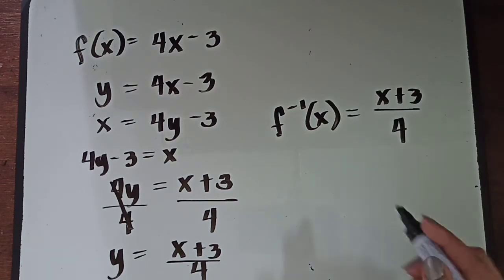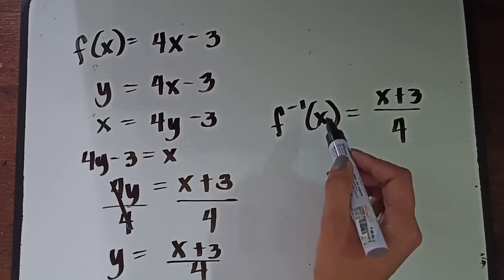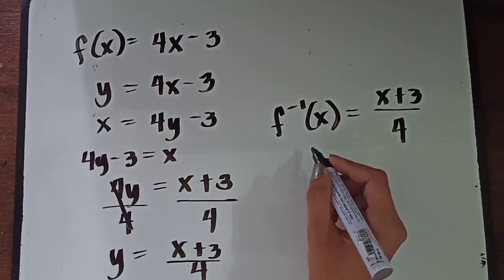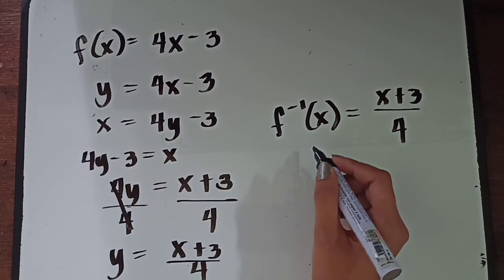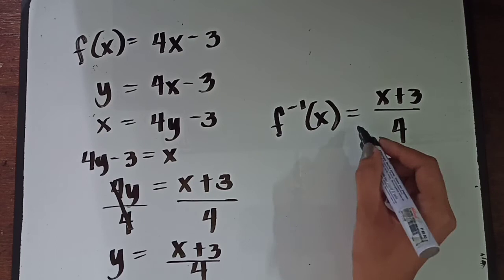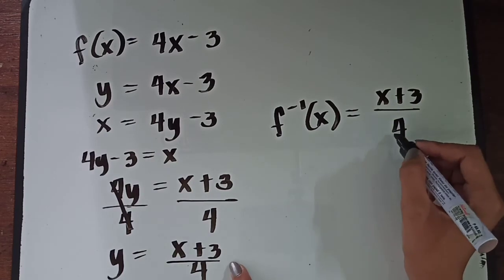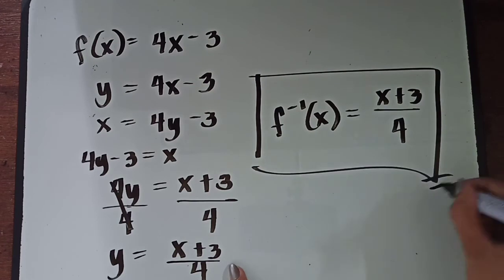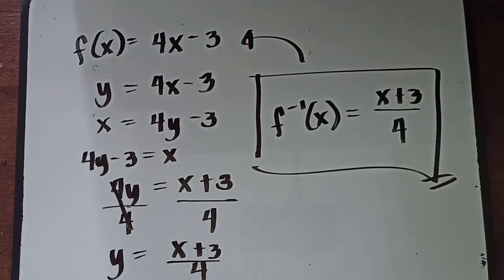So, bakit ako naka-raise to negative 1? This is the indication that this is the inverse of the given function. Again, f inverse of x is equal to x plus 3 over 4. So, ito na po ang inverse ng ating function.